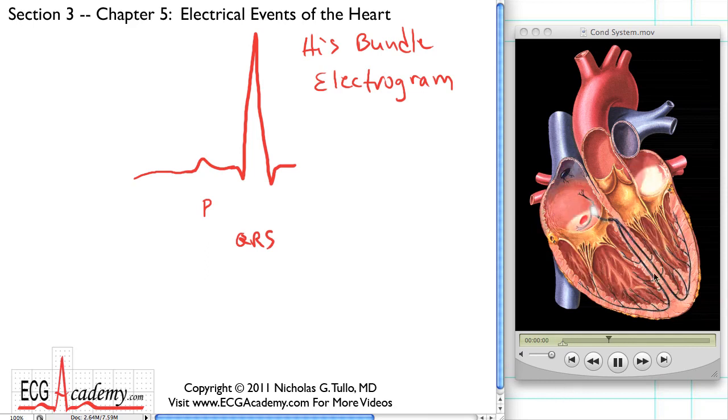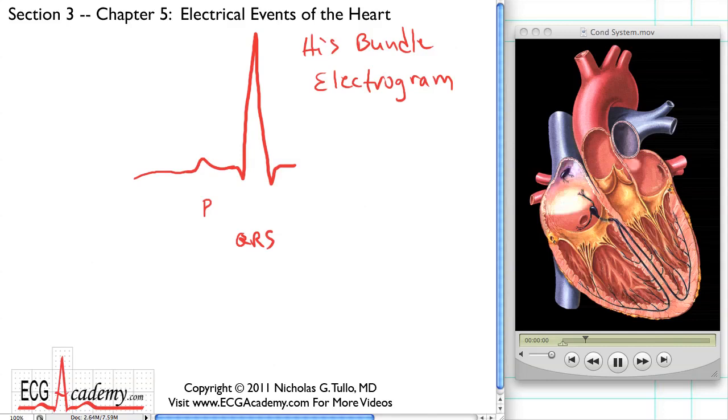But notice that these ventricular cells, they fire when that turns bright white, but then they reset themselves. There's depolarization, which is what the QRS complex represents. But then the heart muscle cells have to electrically reset themselves, and that's what repolarization is all about.